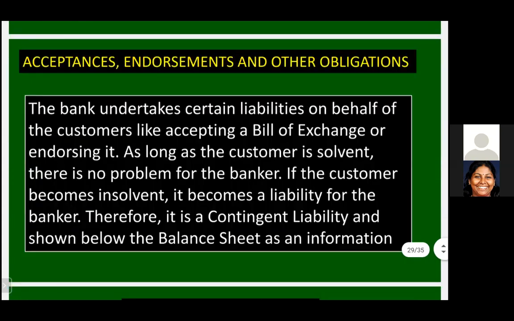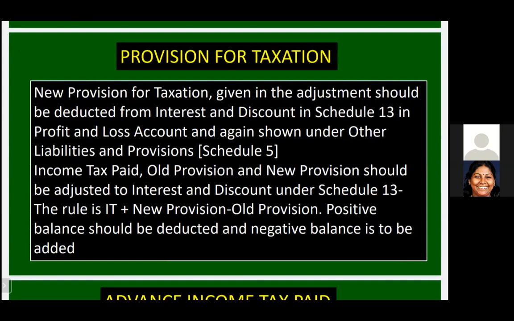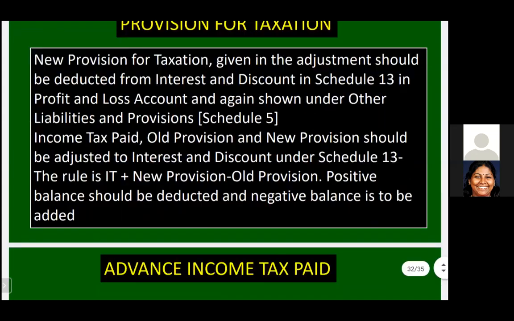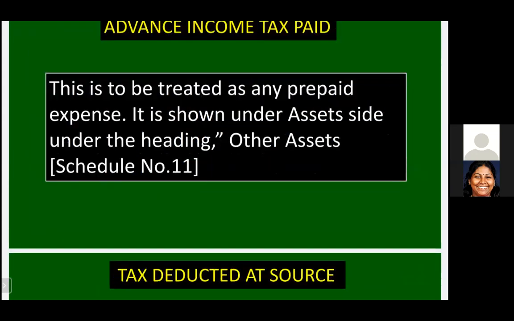The provision for taxation: we already showed the provision for taxation under the P&L account, as one of the expenditures under the title provision and contingency. The same provision for taxation will find a place in schedule number 5. Any tax paid in advance will come under the category of other assets, schedule number 11.